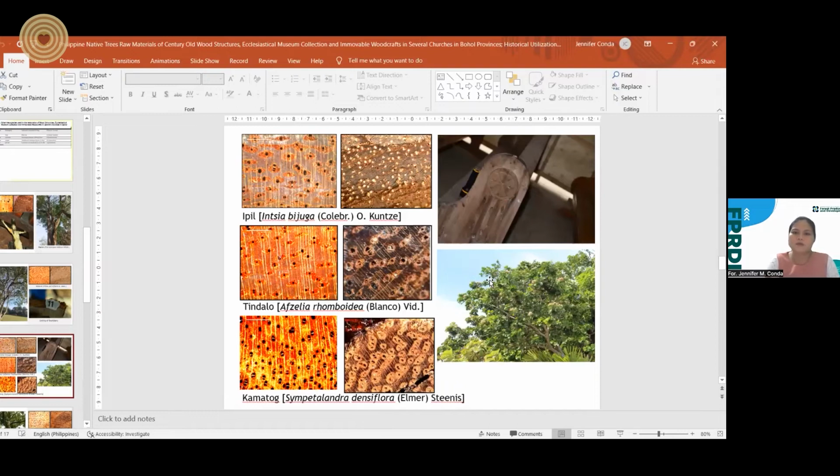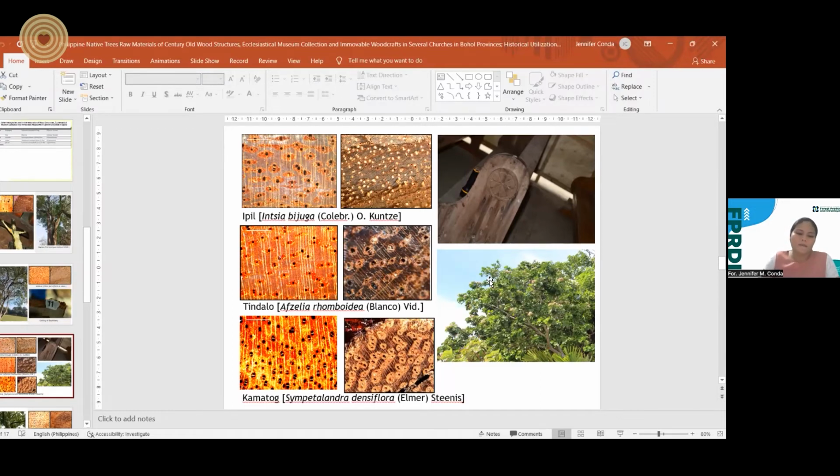Another species that we have observed, commonly identified in the pews, the pew armrests, and between the decors, we have identified Intsia bijuga, and Afzelia rhomboidea, and Sympetalandra densiflora. So these are Fabaceae species.